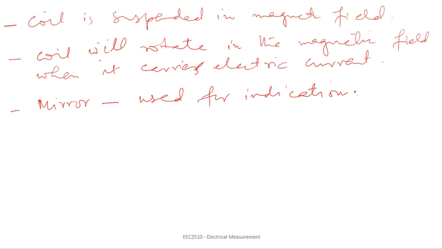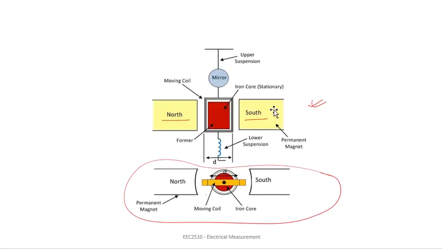A beam of light reflected from this mirror makes a spot visible on the scale. This is the objective of placing the mirror. So all in all, this is the overall construction of this galvanometer. All the parts are clear: these are the magnets, this is the moving coil, this is the mirror.